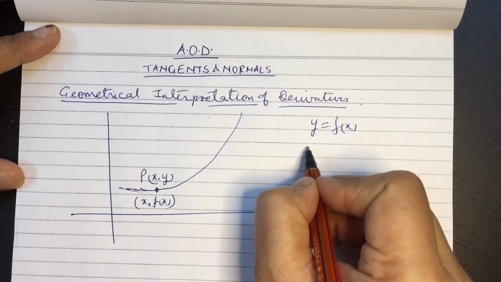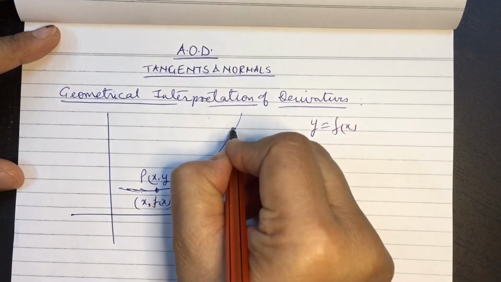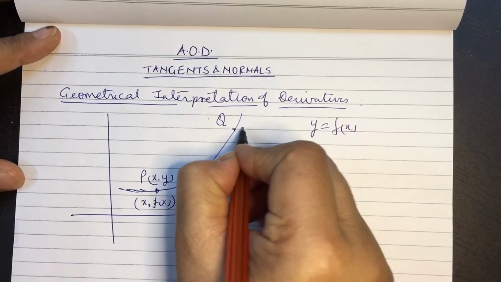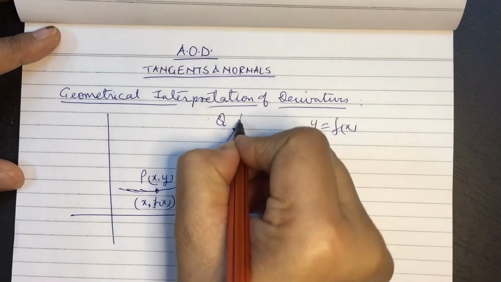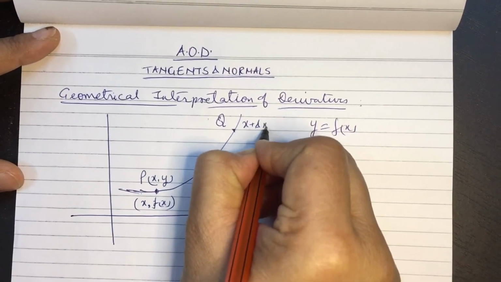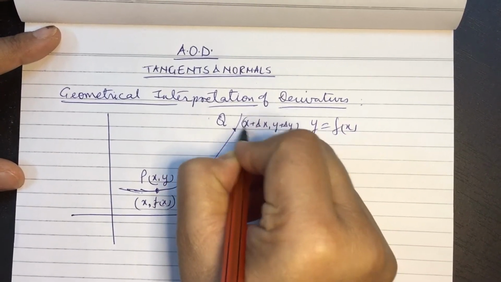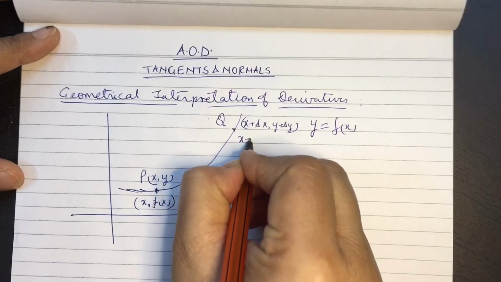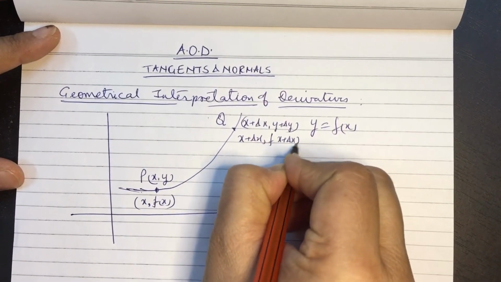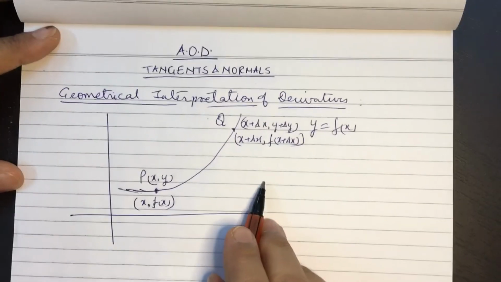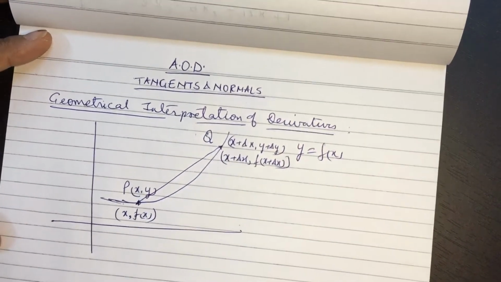Now let us give an increment delta x to it, so that it reaches the point Q, and the coordinates of Q are x plus delta x and y plus delta y, which can be written as x plus delta x and f of x plus delta x. Okay, so let's join the line PQ.